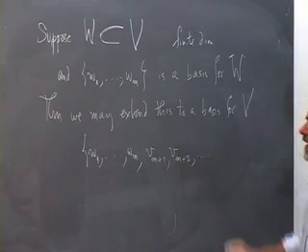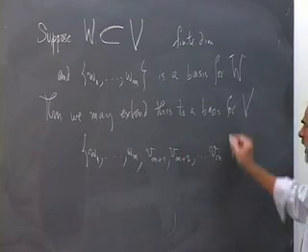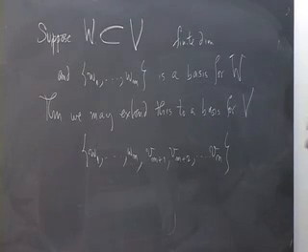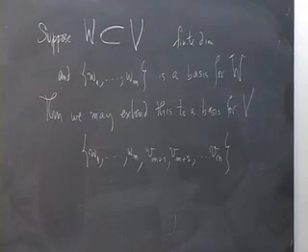You can adjoin elements to that set so that you eventually get to a set which is a basis for V. You can use your original basis for W and just keep pushing it out to get a basis for V. Why is that?